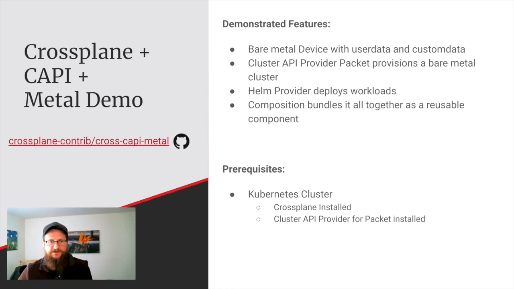Crossplane's Helm provider to deploy a workload into that Cluster API cluster, and Crossplane composition to bundle all this up together as a reusable component. You have to have Kubernetes installed, Crossplane installed, and Cluster API provider Packet installed to move forward with this. Any references to Packet, that's what Equinix Metal was before, so we can call that Equinix Metal.